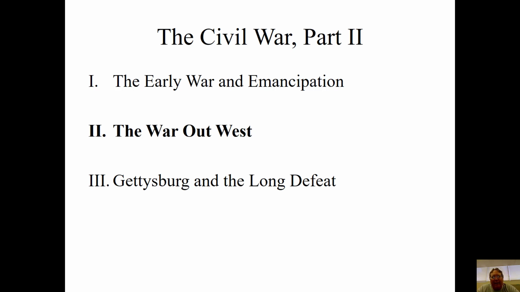Lee had a habit of keeping the best and the brightest around him, so his army was really tough. But that meant that the rest of the Confederate army wasn't maybe as capable or didn't have as many resources as he did. So out west is where the North sees a lot of early victories, where its plans are best being realized, if you will, right?